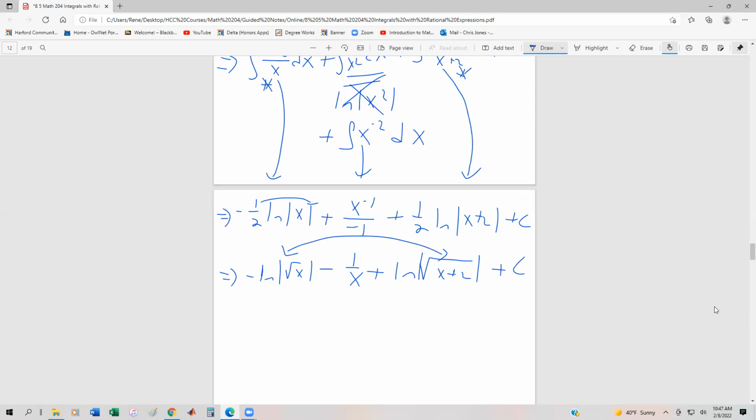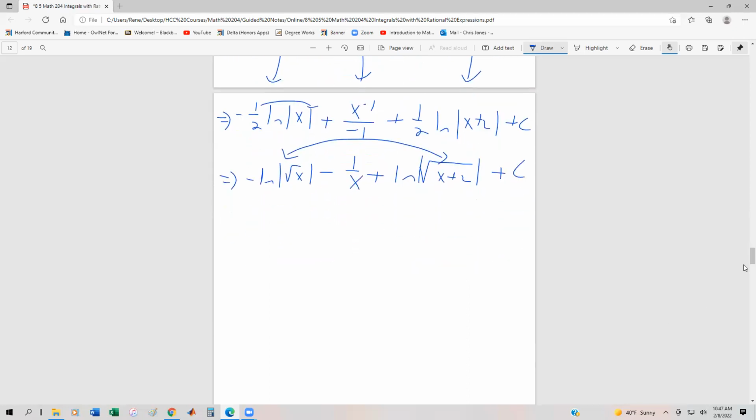Another possible answer we could get from this would be the natural log of the absolute value. This one's negative, so it goes in the denominator. This one's positive, so it goes in the numerator. Right here, it's positive, so we have x plus 2. Minus 1 over x plus C.